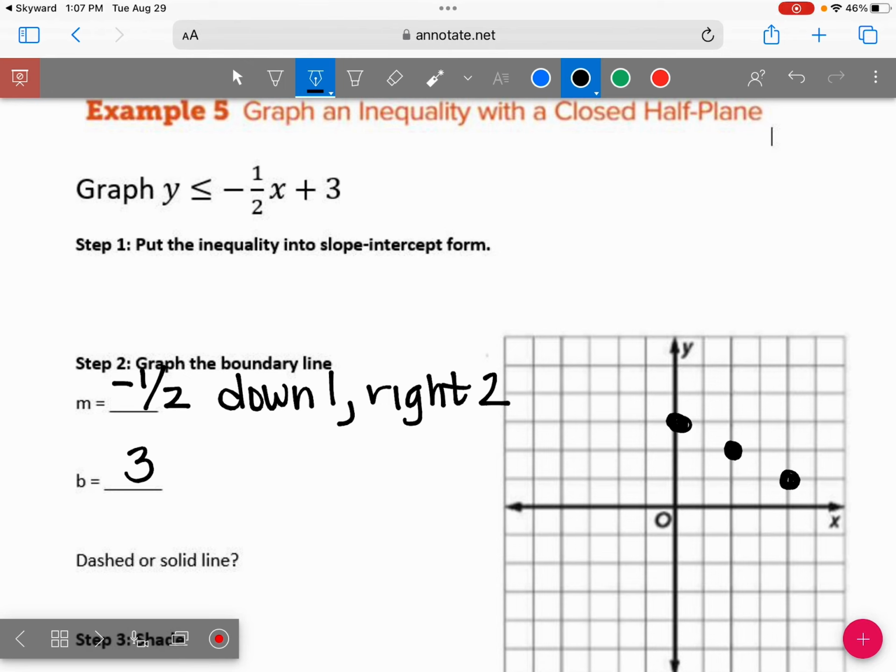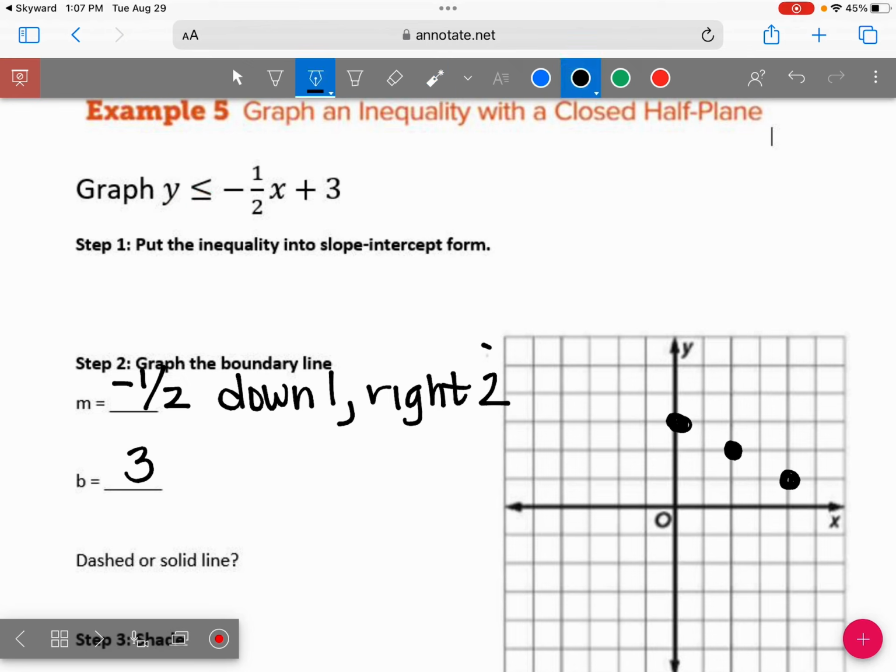Now, what kind of a boundary am I going to use? Is it solid or dashed? If you're not sure, look back at page 14. Solid. The way I like to remember that is if there's a solid line under it, then we graph it with a solid line. So this time we do not need to lift our pencils.